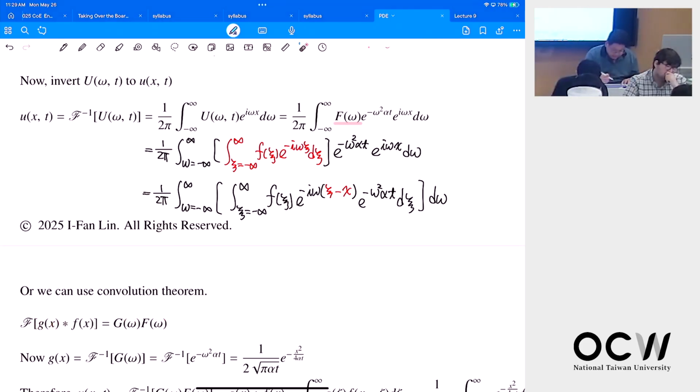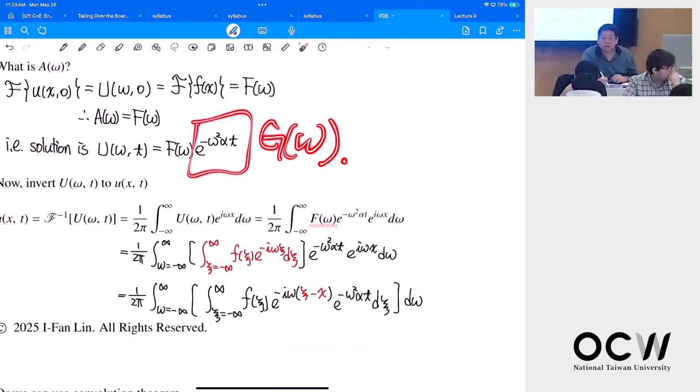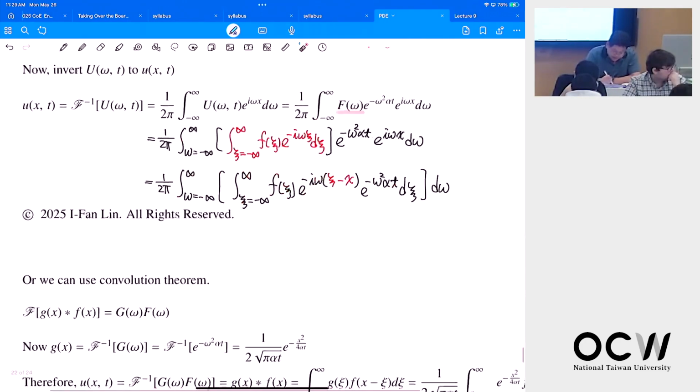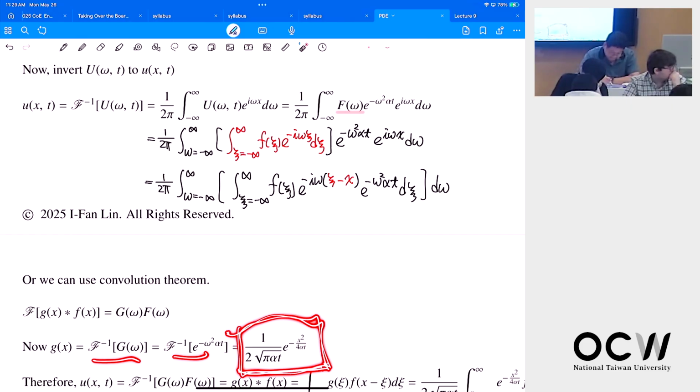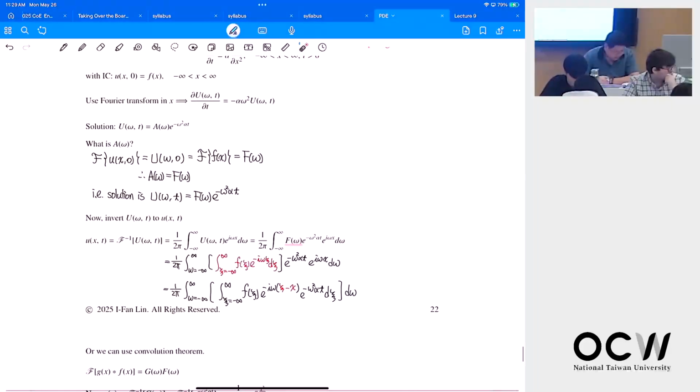So first, let's find the g of x. So this will be g of omega. And then the inverse Fourier transform is this form, this expression. And then f of x, just f of x.